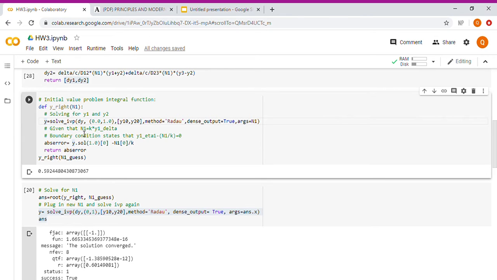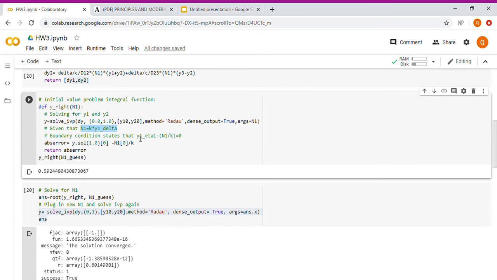In the textbook, we were given that the total molar flux of the first component is equal to the rate constant K times the mole fraction of the first component, where z equals delta.